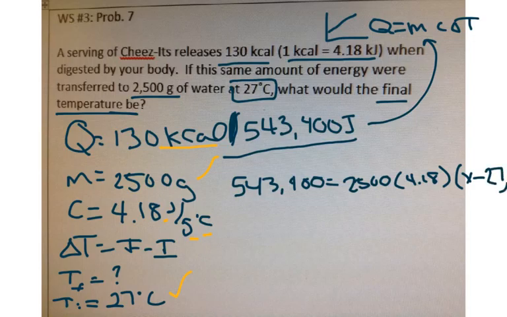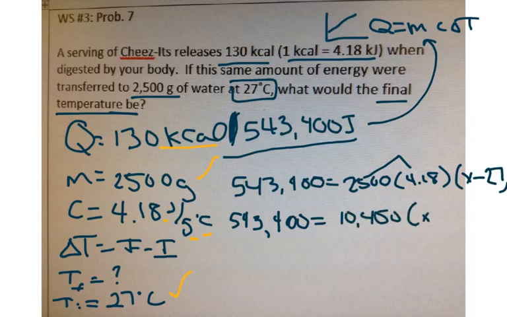Okay? Now I like to condense as much as possible, so I'm going to multiply those out. So I end up with 543,400 is equal to 10,450 times X minus 27.